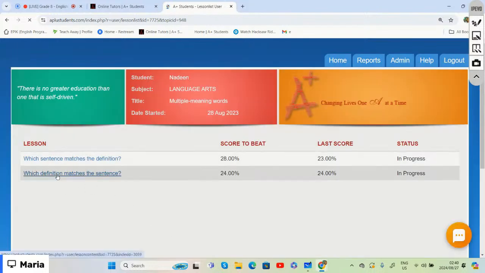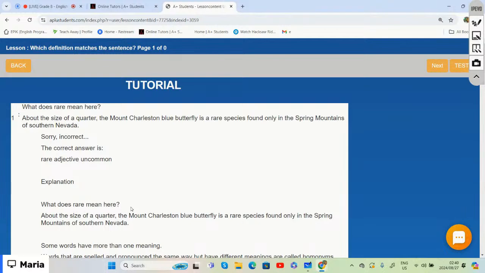Now we're going to say which definition matches the sentence. All right. So what does rare mean here? It says about the size of a quarter, the Mount Charleston blue fly is a rare species found only in the Spring Mountains of southern Nevada.